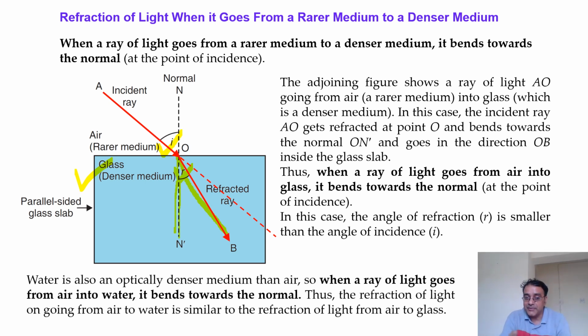Water is also an optically denser medium than air, just now I told you. So when a ray of light goes from air into water, it bends towards the normal. Thus the refraction of light on going from air to water is also similar to the refraction of light from air to glass. Now we'll see the reverse one, refraction of light when it goes from a denser medium to a rarer medium.